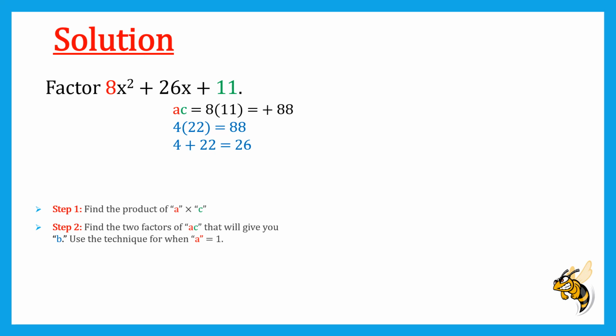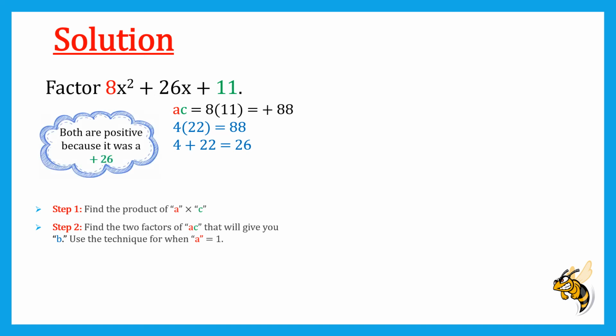And since a times c was a positive 88, that means both signs have to be the same, because a positive times a positive equals positive, and a negative times a negative is equal to positive. And how do I know which signs I am using? I'm going to check the sign on b. And I realize both of them would be positive because it was a positive 26.